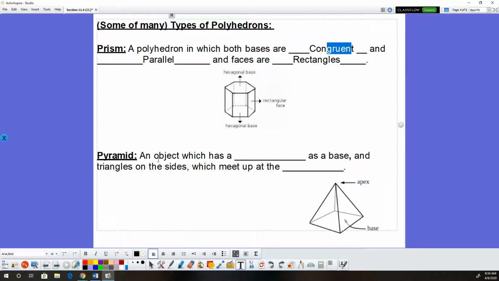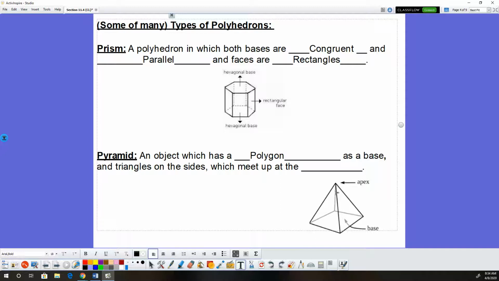A pyramid is also a polyhedron. It is an object that has a polygon at its base. And then the other faces are triangles, where it comes up to meet at the top point. This can either be an apex or a vertex.